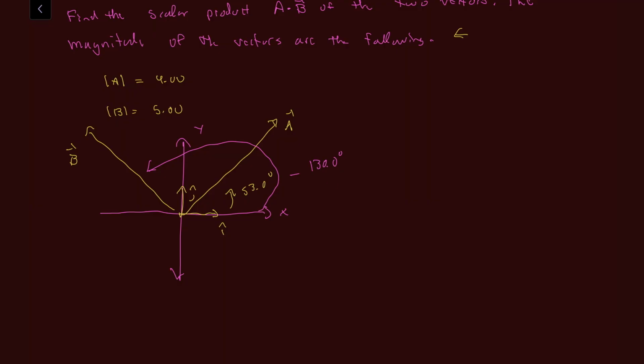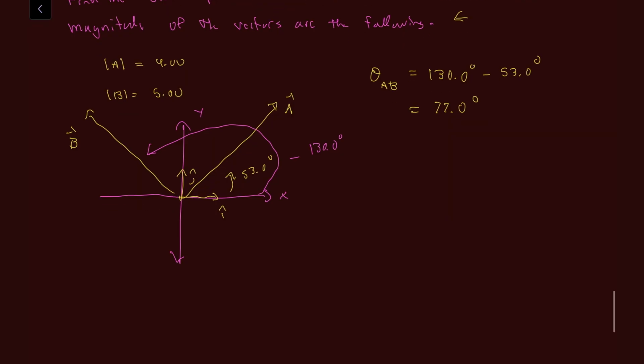Now, we have to find the angle between A and B, which is going to be 130.0 degrees minus 53.0 degrees, and that is going to equal 77 degrees. Did I do that right? I think that's correct. Yeah, 77 degrees. Actually, that's incorrect. 77.0 degrees.